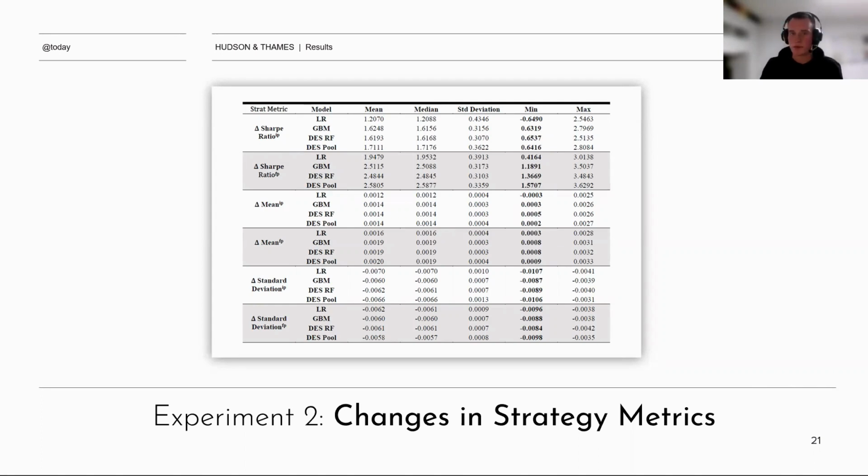And similar to the first experiment, we observed that the ensembles outperform the primary model in terms of the Sharpe ratio and mean returns. However, if we look at the Sharpe IP, the Sharpe ratio for the information advantage of the logistic regression, we will see that this has a negative value.